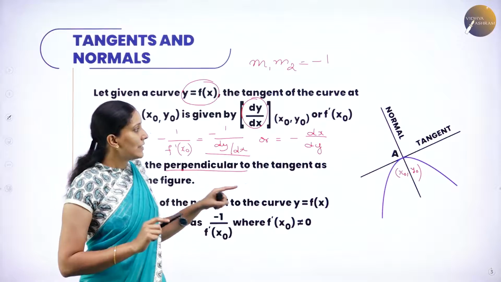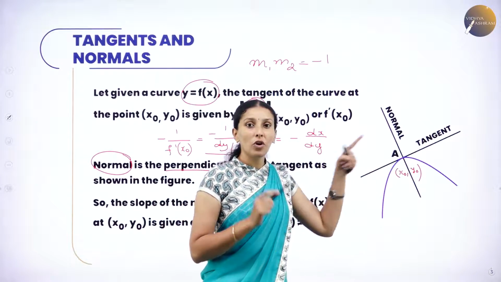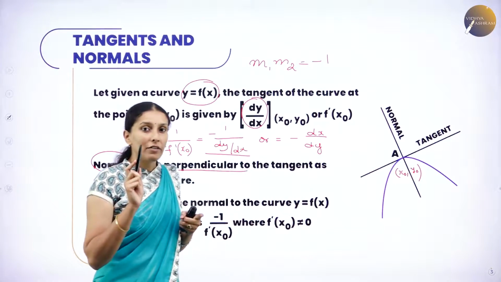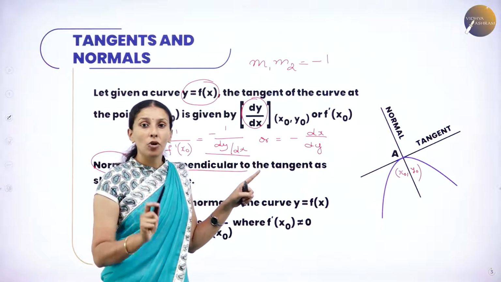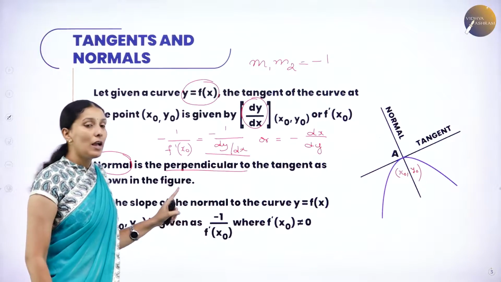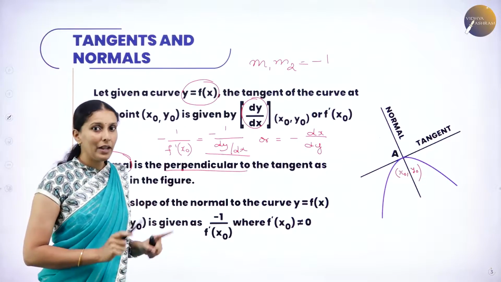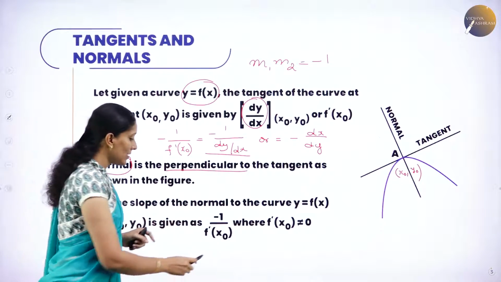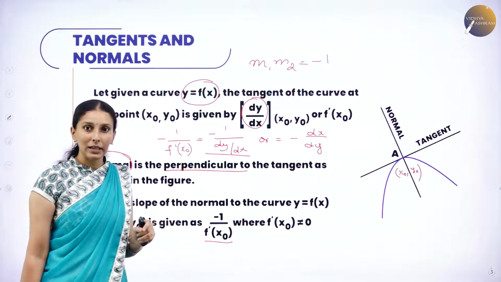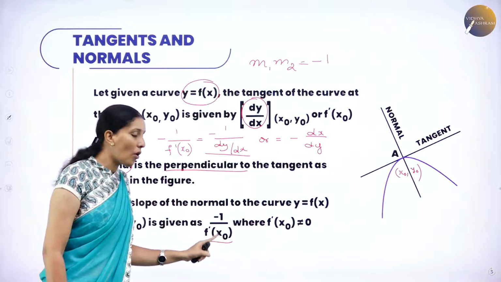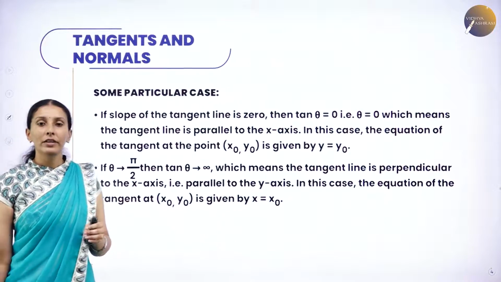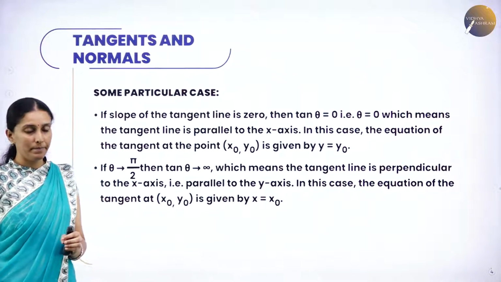So therefore, since normal and tangent are perpendicular to each other, if the slope of the tangent is dy by dx, obviously the slope of the normal must be equal to minus 1 divided by dy by dx. Thus here f dash of x naught is nothing but the derivative of y with respect to x at the point x naught. Now, there exist some particular cases.